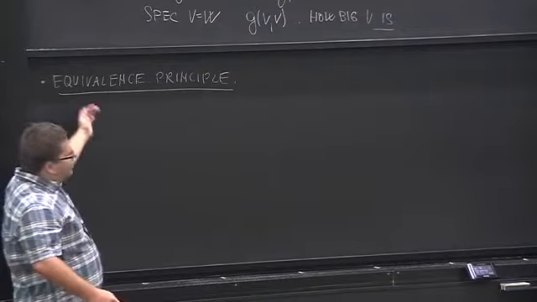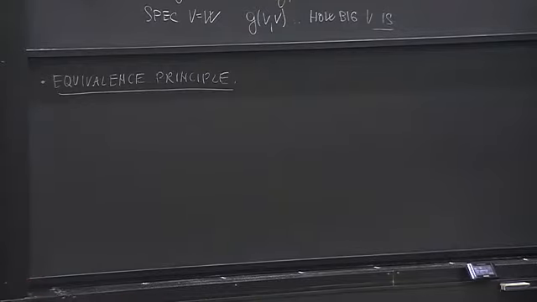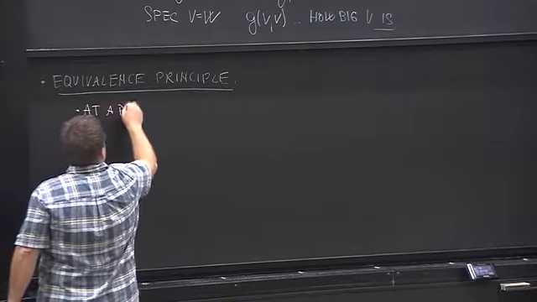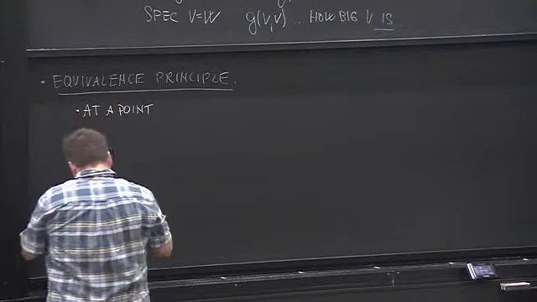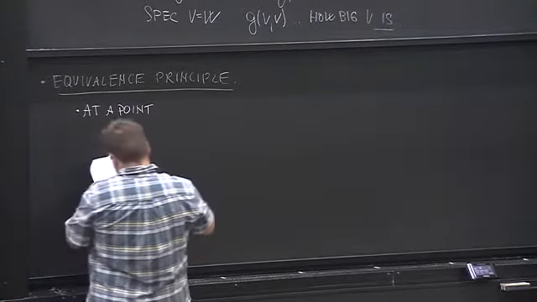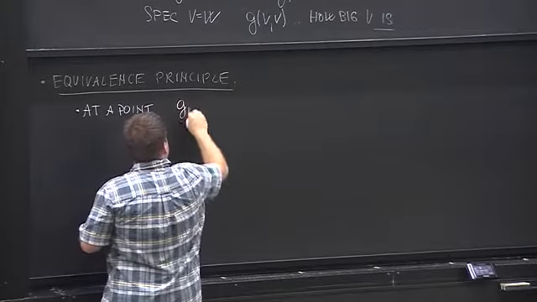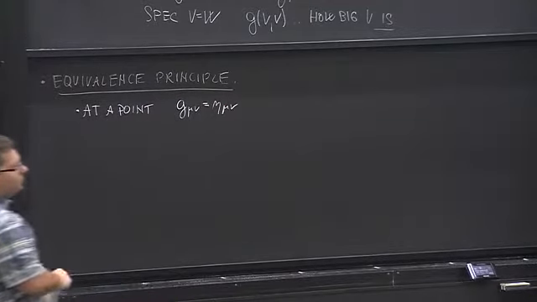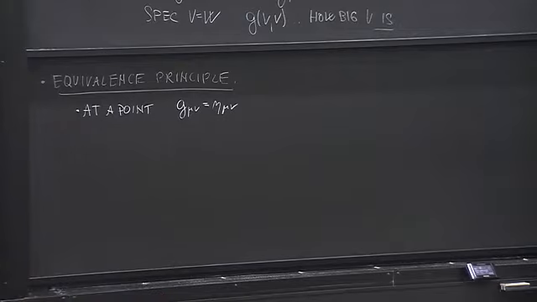So the equivalence principle, and let's formulate it in increasing generality. One formulation is that at a point, I can always set G_{mu nu} equal to eta_{mu nu}. So I can always make the metric look like a Minkowski metric.